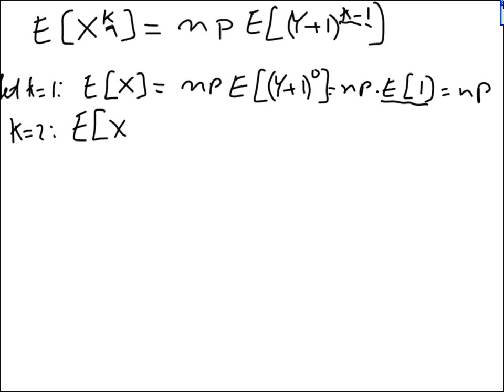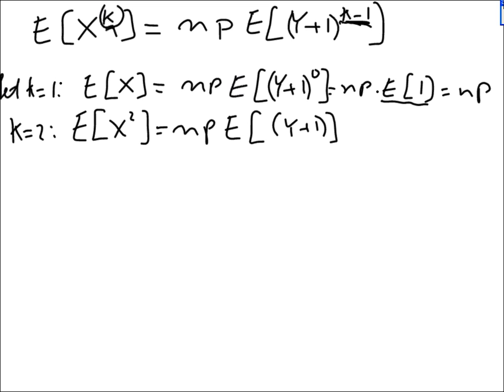E of x squared. Just put 2 in for x. It is np times the expected value of y plus 1 to the 1, which is y plus 1.